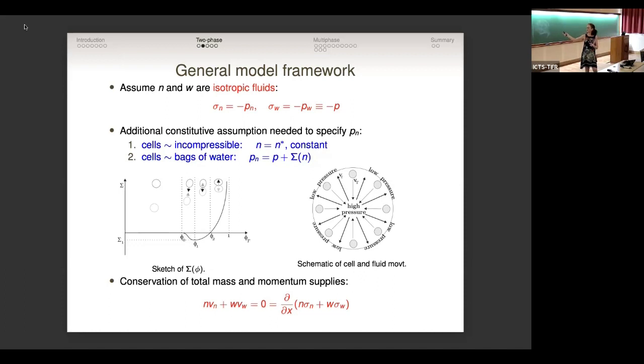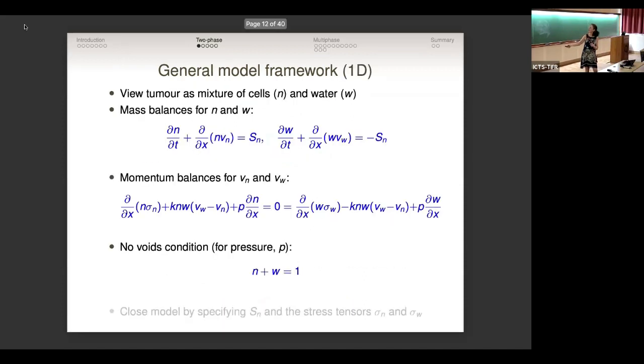So if we go back to the previous slide, so see what I've got down here. I've got two conservation laws, right? So let me just go back. Here. If you take the two mass balances, add them together, you get d by dt of n plus w. N plus w equals 1, so that goes. And the Sn and the minus Sn cancel.